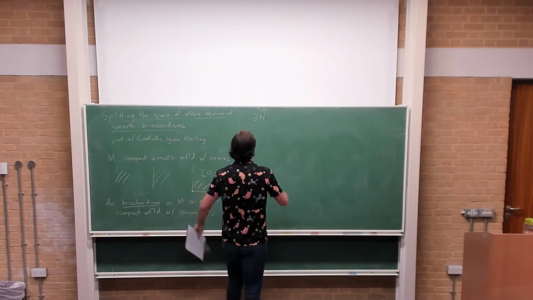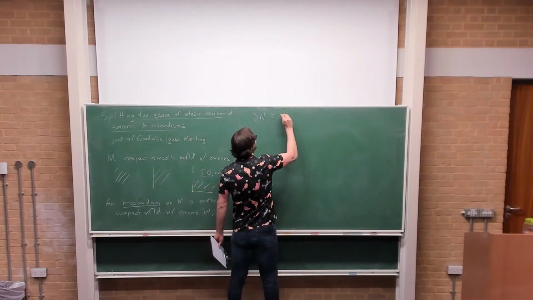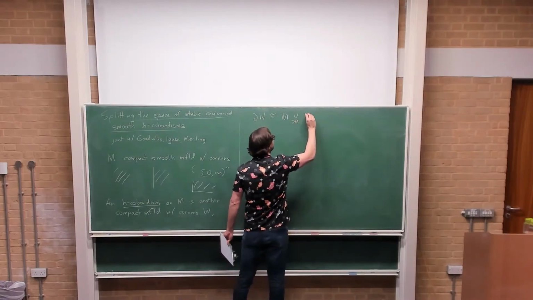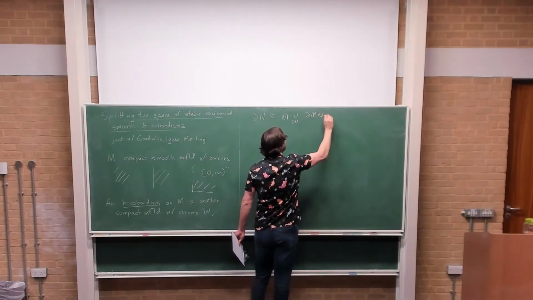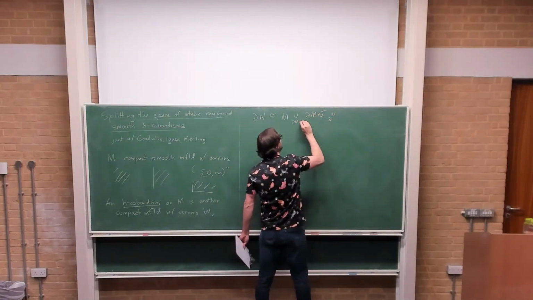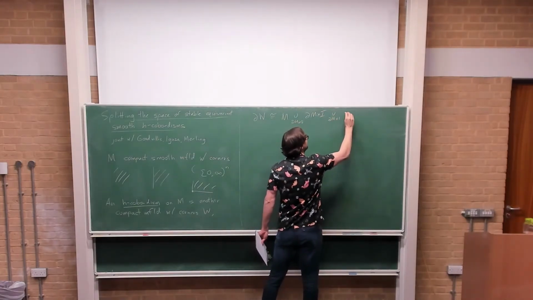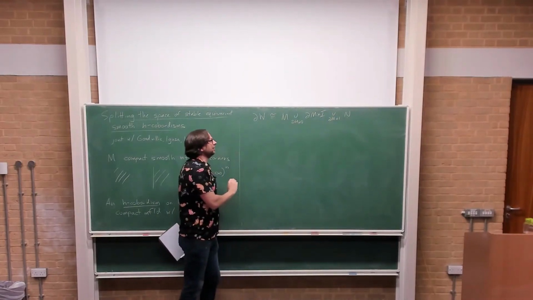But since here I'm allowing M to have a boundary, this is M, joined along the boundary of M with the boundary of M times I, maybe the boundary of M times 0 where it's joined. On the other side, it's going to be joined to some other manifold N.